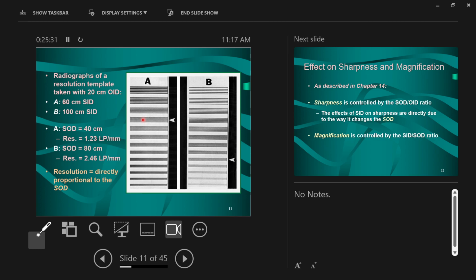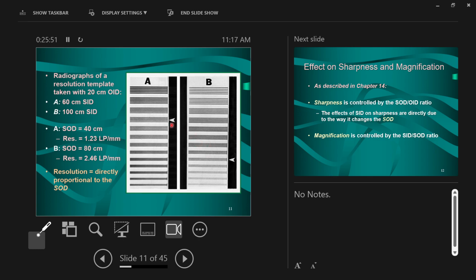With higher spatial resolution, you'll be able to see further down on this template. With poorer spatial resolution, you'll be stopped a little higher. Going from top to bottom, from big lines to little lines, the better your spatial resolution is, the further down you can look and still see separate black and white lines.